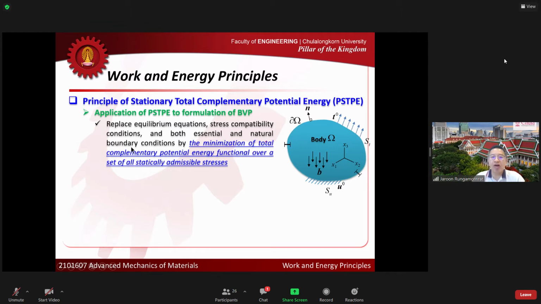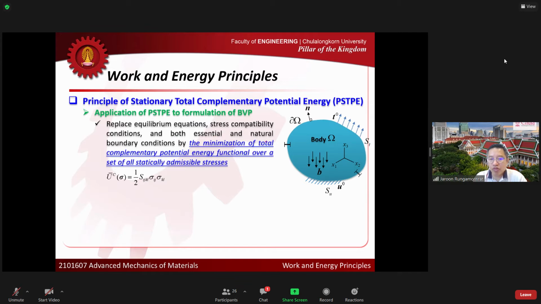We can replace all this by the minimization of the total complementary potential energy functional, pi c, over the set of all statically admissible stresses. Is that clear?